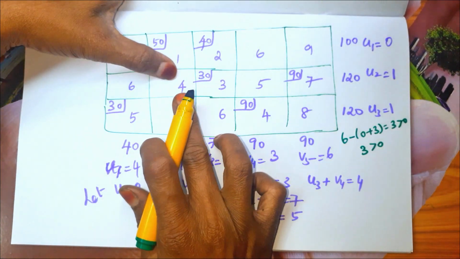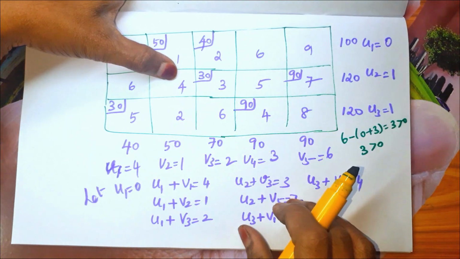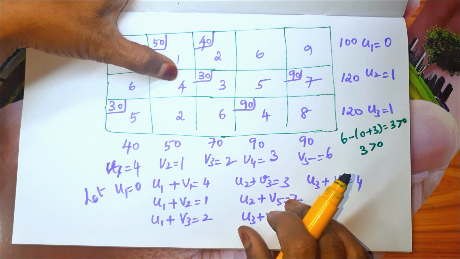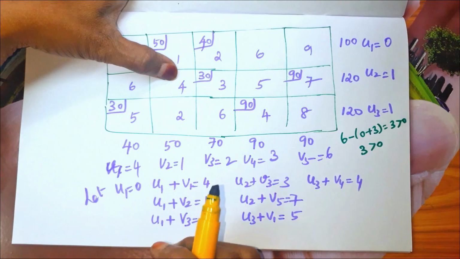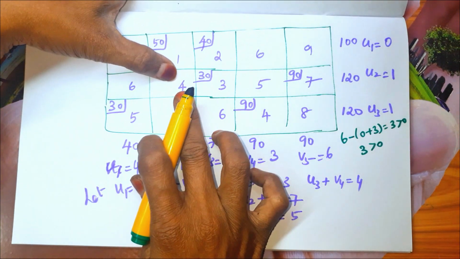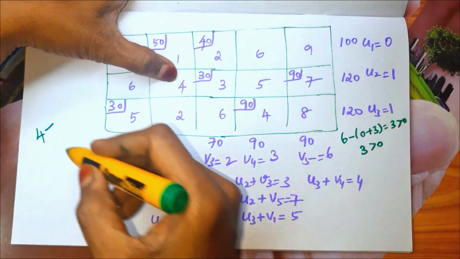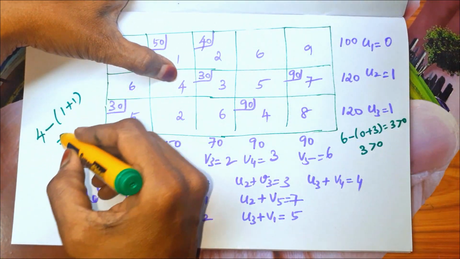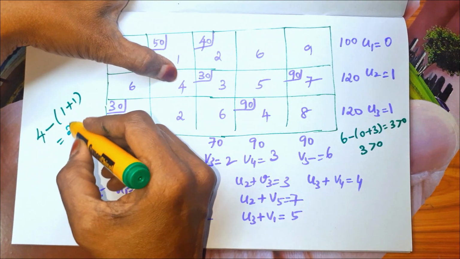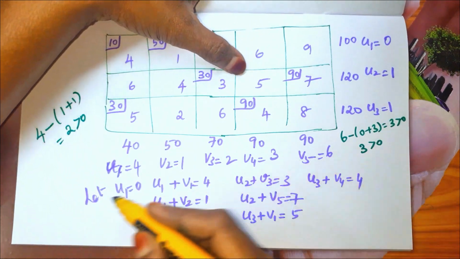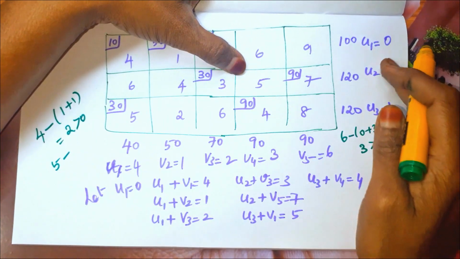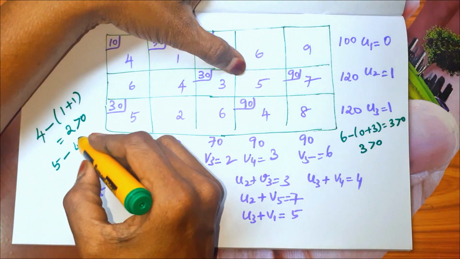And for this one, you have to write in detail, which I explained in the previous step. You have to write everything like that. For example, for this cell, we write 4 minus (1 plus 1), which is 4 minus 2, which is 2, greater than 0. For this cell, 5 minus (1 plus 3), 4, greater than 0.